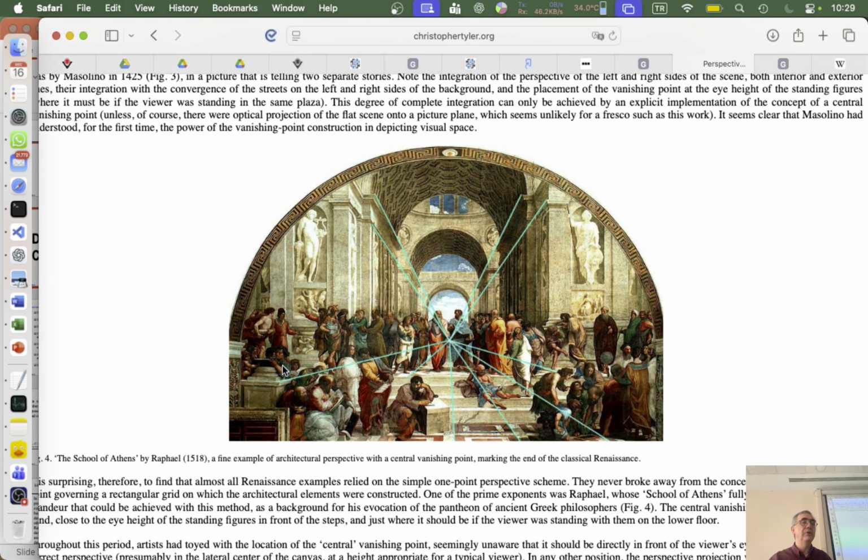So paintings started to look more real. It is the mathematical projection of the three-dimensional world to two dimensions, because it's flat. Yet it looks real.